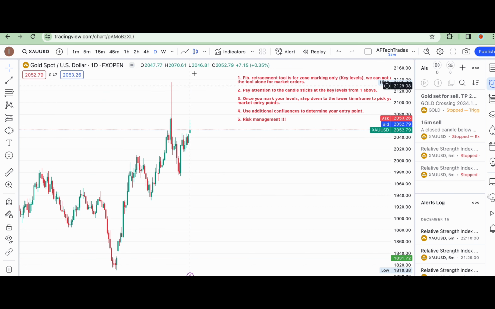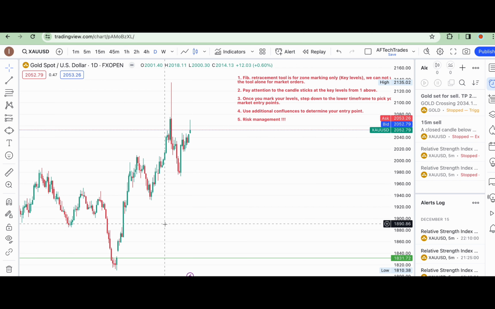We are actually in an uptrend here because we have higher high, higher low, higher high, and a higher low. So the next one here should likely be a higher high.